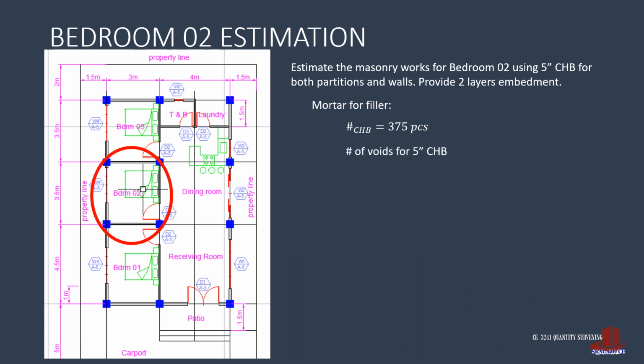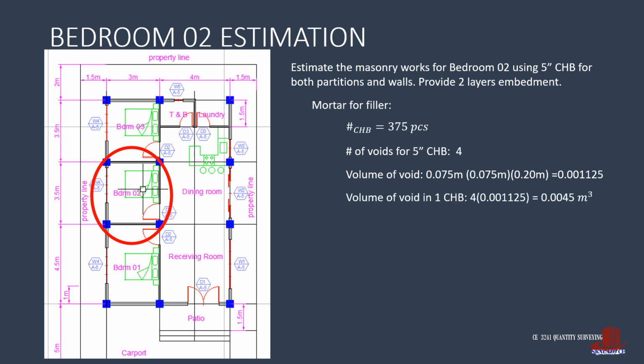With each CHB having 4 voids, and each void is measured from 3 inches by 3 inches by 8 inches, or that is 0.001125 cubic meters. Take the volume of mortar for each CHB as 4 times 0.001125, which accounts to 0.0045 cubic meters.